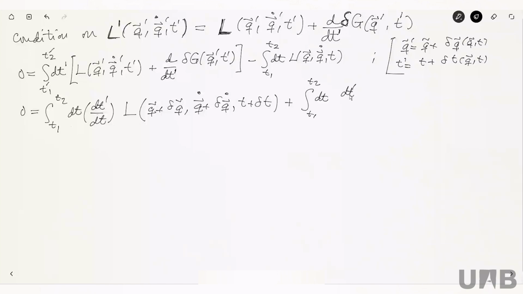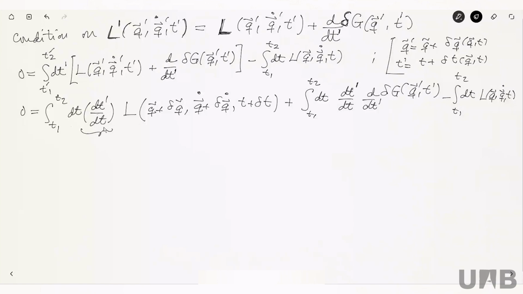Now the Jacobian dt prime over dt. And the derivative with respect to t prime of delta g of q prime, t prime. Okay? And then minus the integral over t, t1 to t2 of the Lagrangian of q, q dot, and t. Good. Okay.